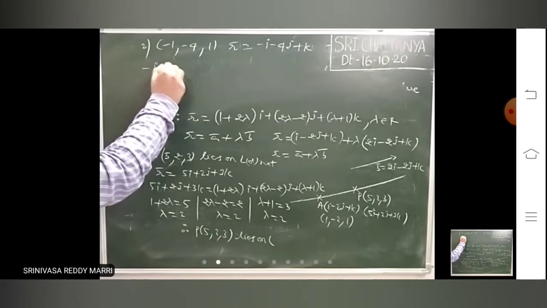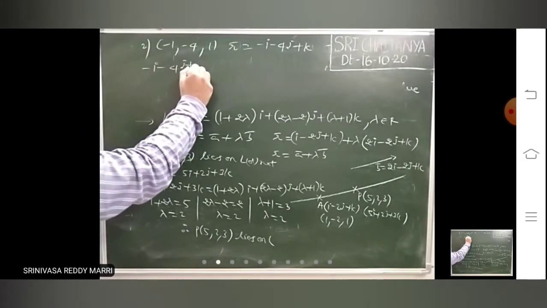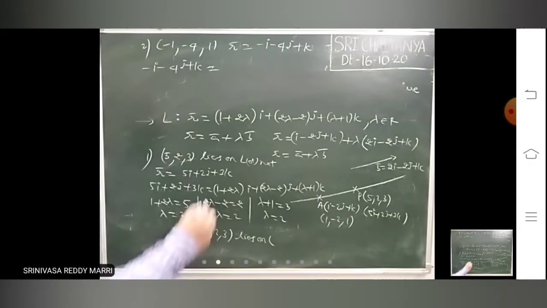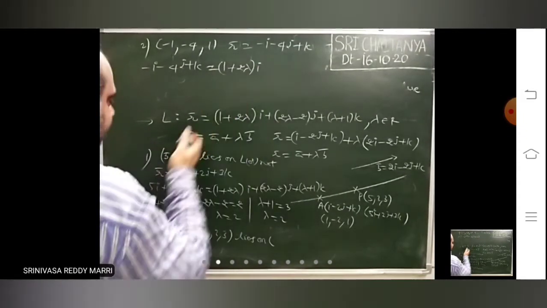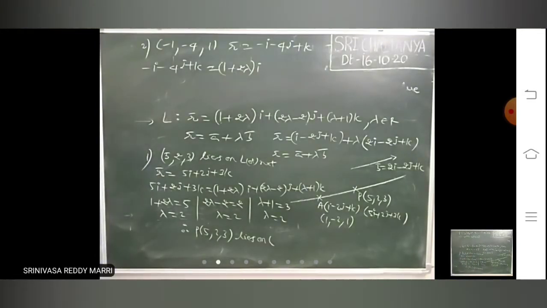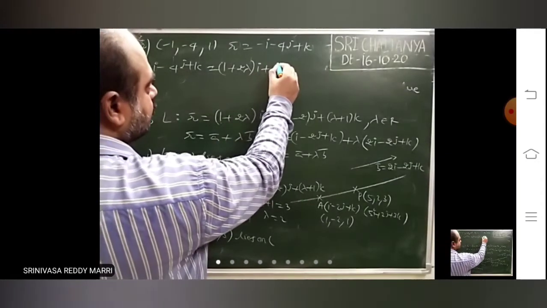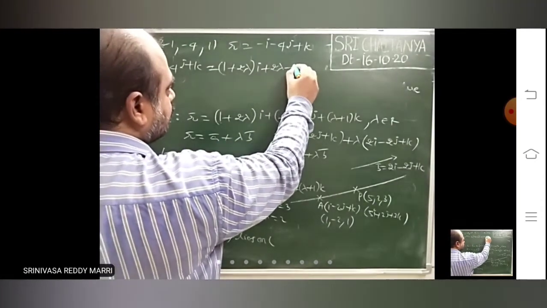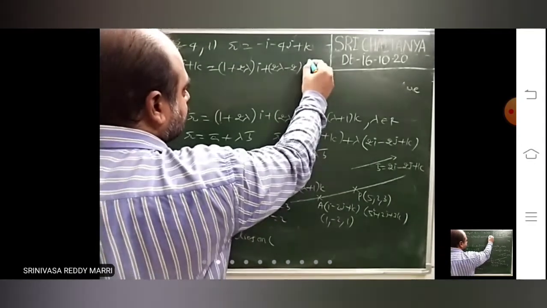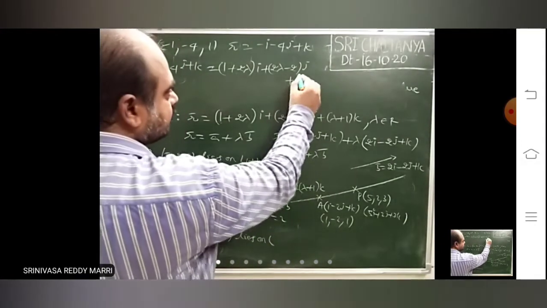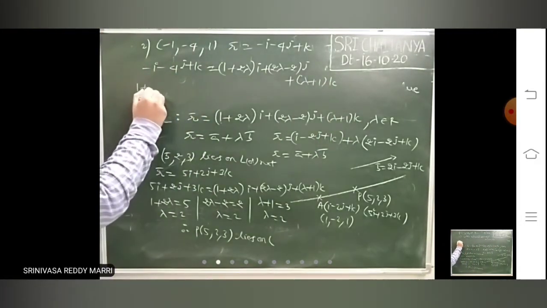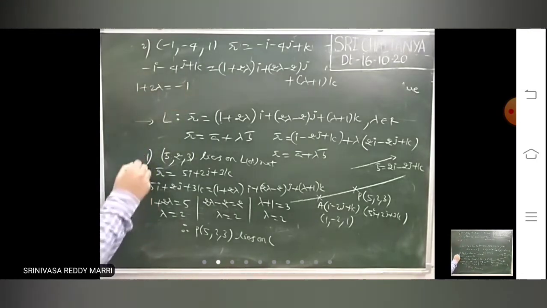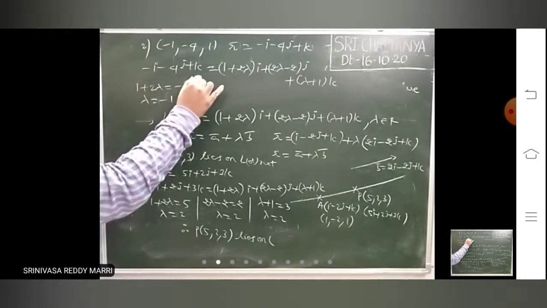You substitute: minus i minus 4j plus k equals (1 plus 2 lambda) into I plus the j term plus the k term. Now equate. Minus 1, what will you get? Lambda equal to minus 1.